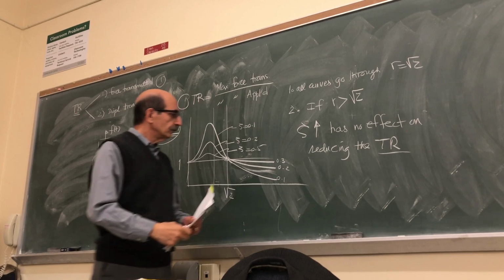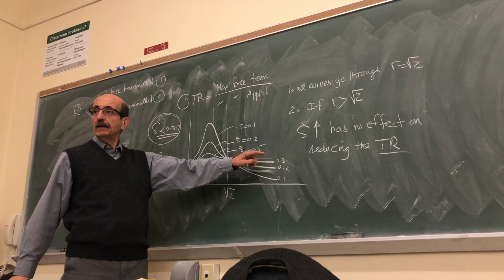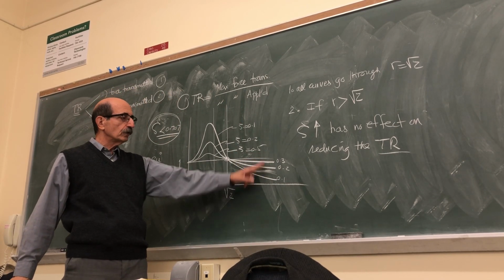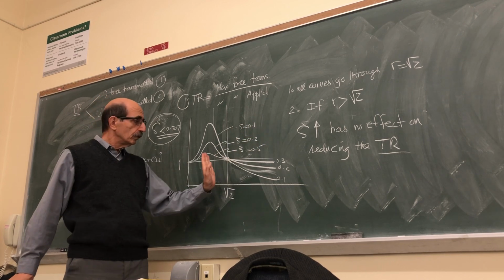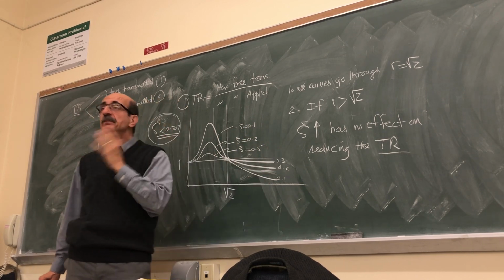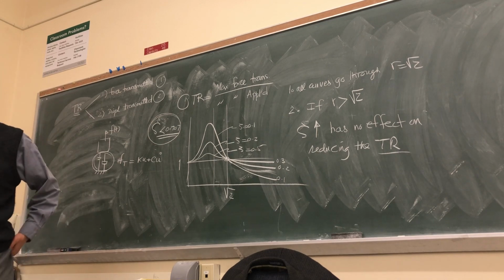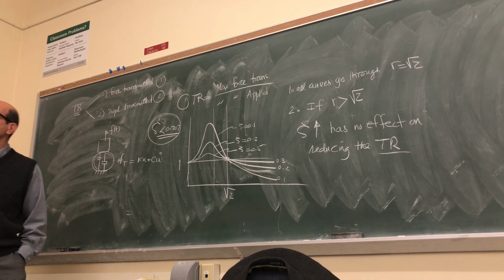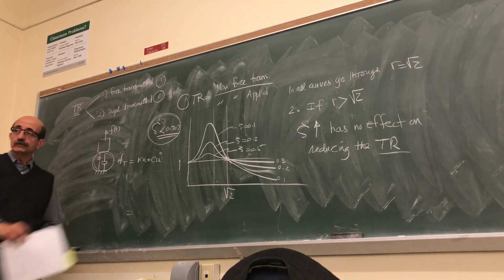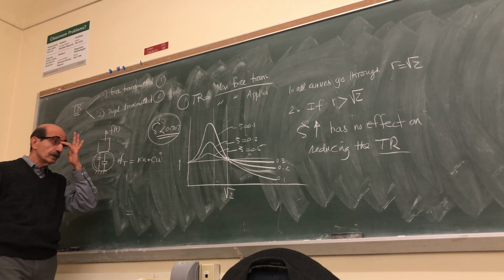In other words, in fact, as you increase the damping, transmissibility ratio goes higher. So beyond this range, damping is not the way to increase in order to reduce the adverse effect of this force.